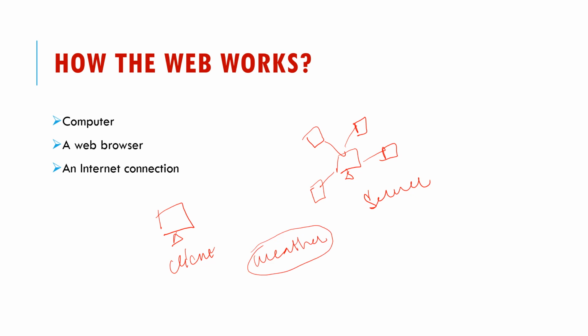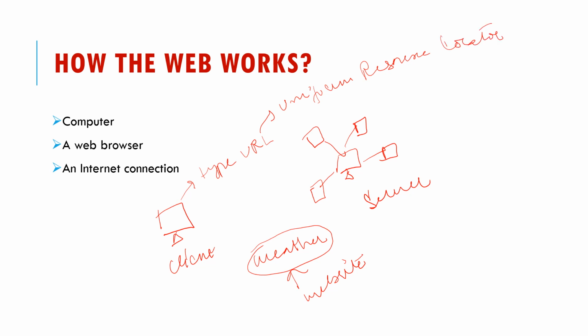Suppose there are various websites from where we can check the weather. So it will type the URL of a website. URL means uniform resource locator. It will type it in the web browser, the particular address of the website.